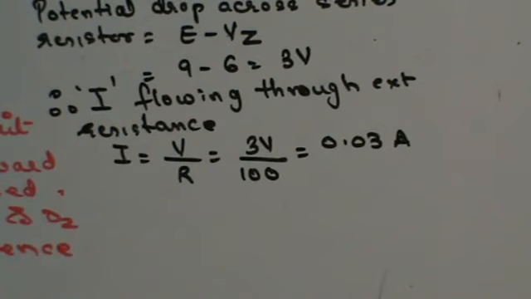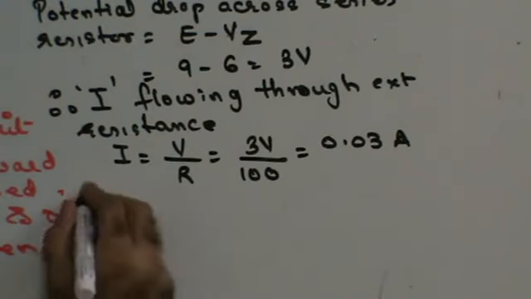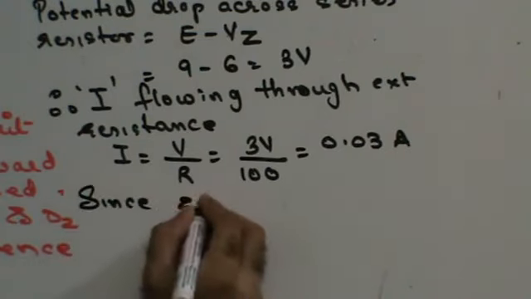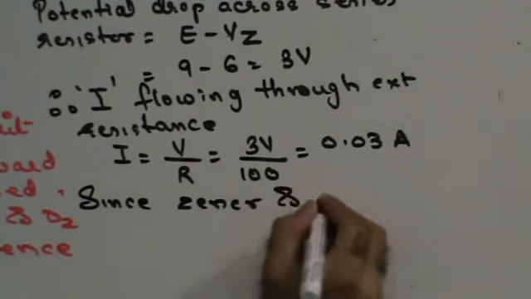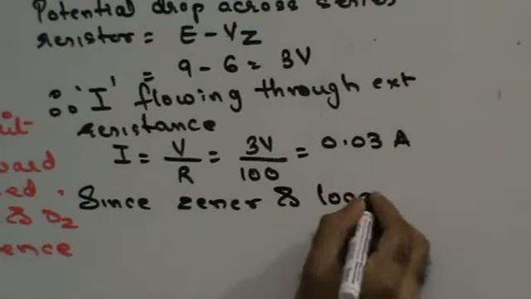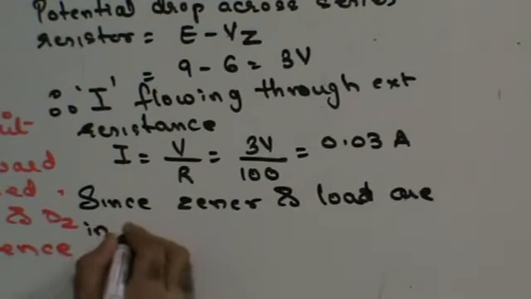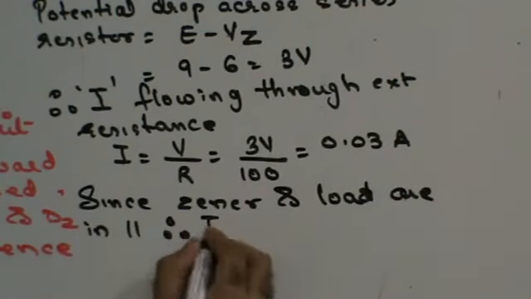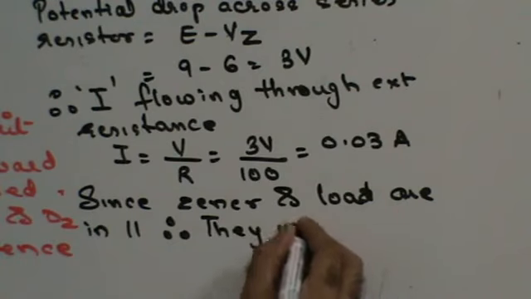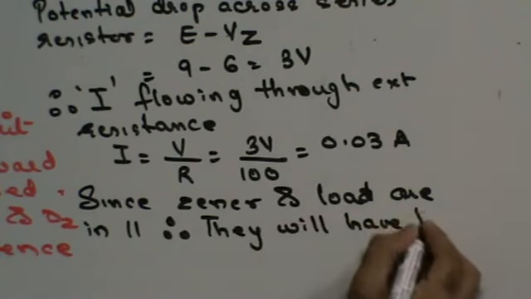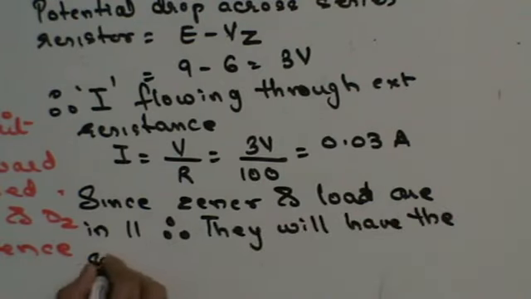Now, since the Zener diode and the load resistance are in parallel, therefore they will have the same potential drop.